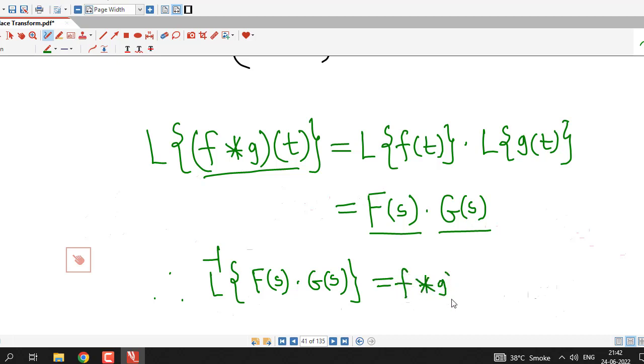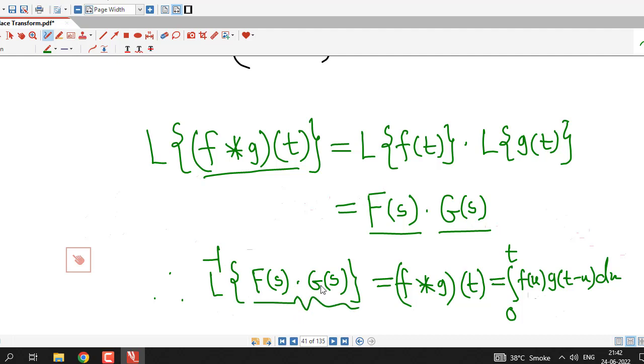This is equal to f star g, which is a function of t, and we know the definition of convolution. It is integral of f of u g of t minus u with respect to u from u equal to 0 to t.